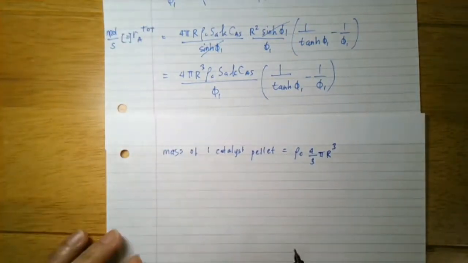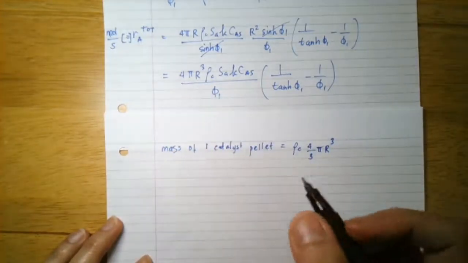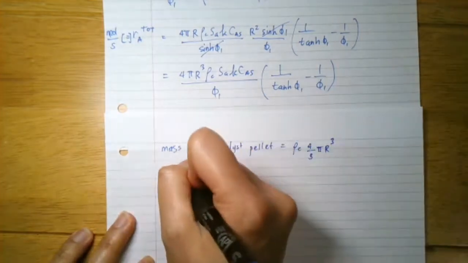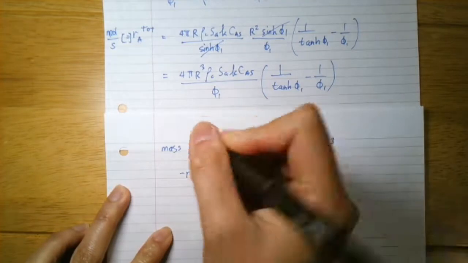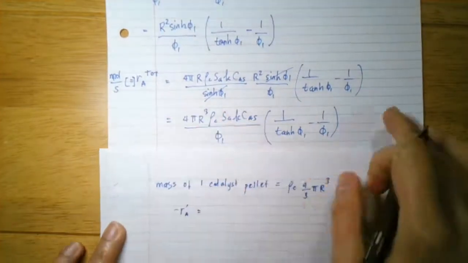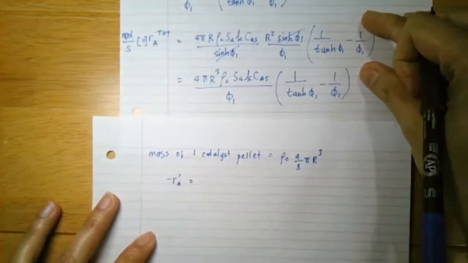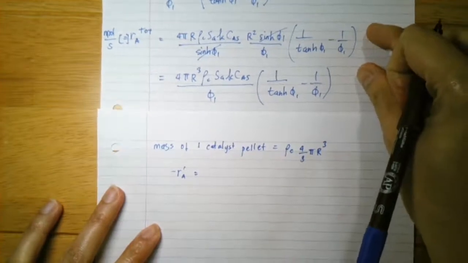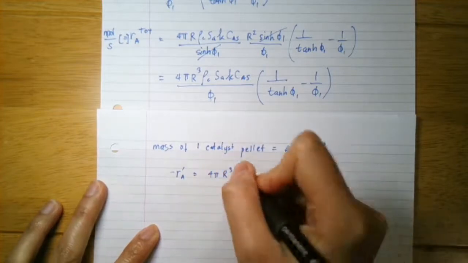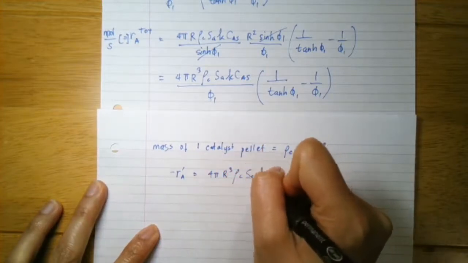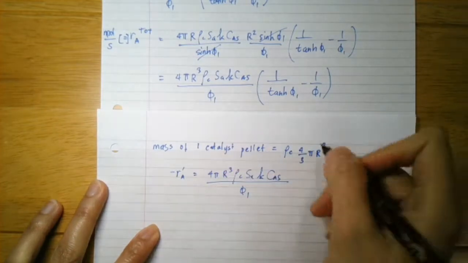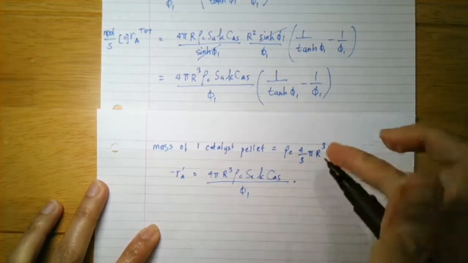Therefore, the rate on a per kilogram basis, in our notation negative RA with single prime, is equal to the total rate divided by the mass of a single catalyst pellet. So we'll have 4 pi r cubed rho C S A K CAS over phi 1, divided by this. So I'll just multiply by the reciprocal of this.